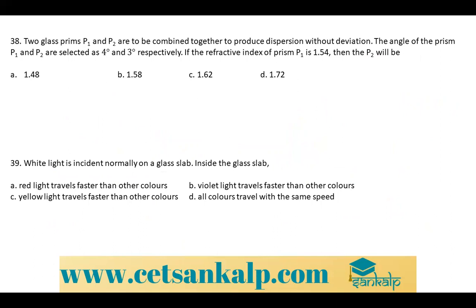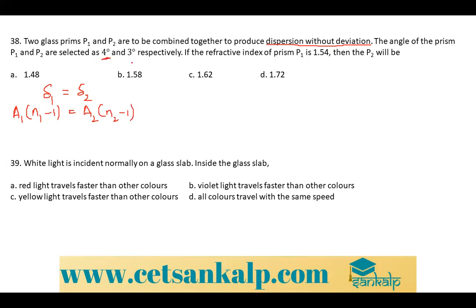If the refractive index of prism 1 is given, then what will be the refractive index of P2? For dispersion without deviation, the deviation from the first prism is equal to the deviation from the second prism, so delta 1 is equal to delta 2, and according to the formula this can be written as a1 (n1 minus 1) is equal to a2 (n2 minus 1).